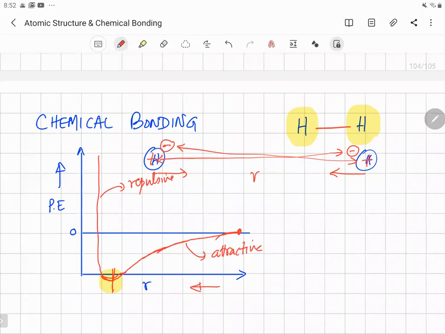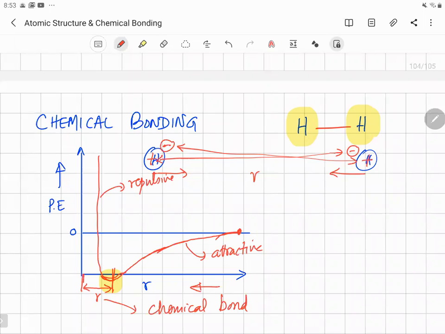The distance between this minimum configuration and the zero is r. That distance is what we call a chemical bond. That is known as a chemical bond. We say a bond is formed when the potential energy of the two hydrogen atoms is at the minimum, in that configuration.